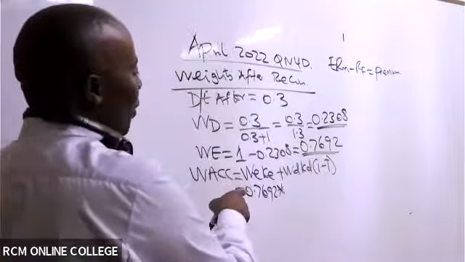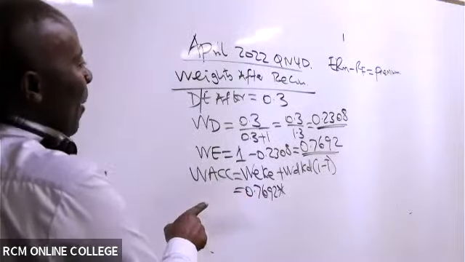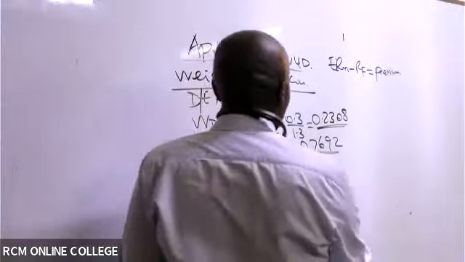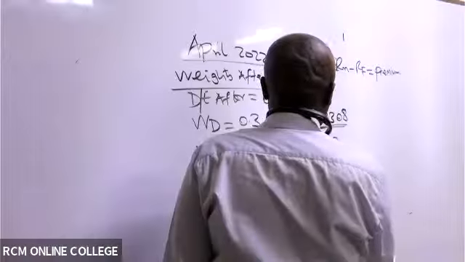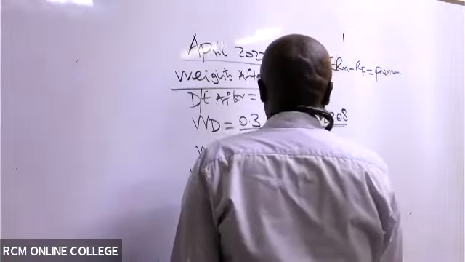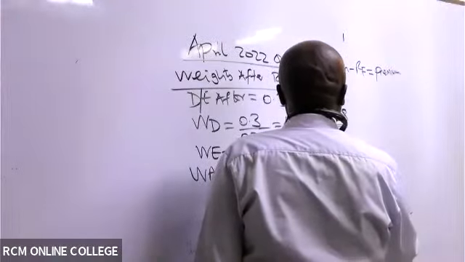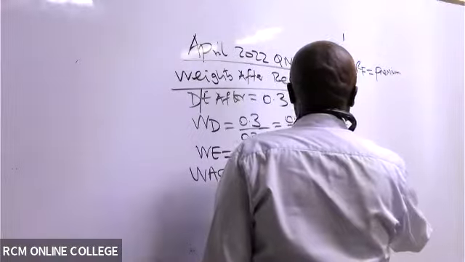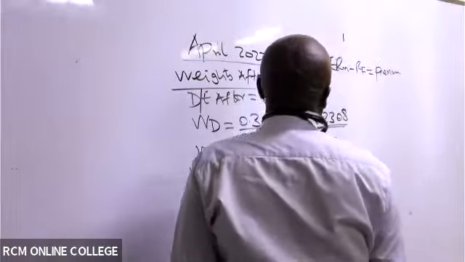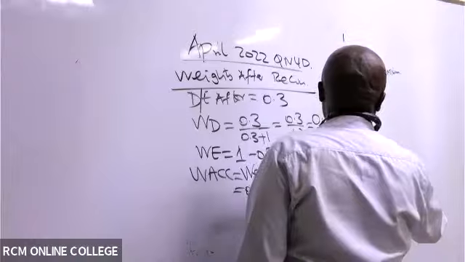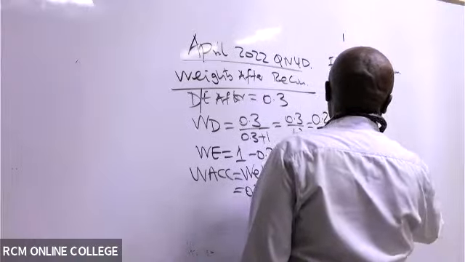How about the cost of equity, levered, after? 15.89% plus weight of debt, which I already have, 0.2308. Cost of debt is 5% times 0.7, which will end up giving us what answer, ladies and gentlemen? 13.03%.